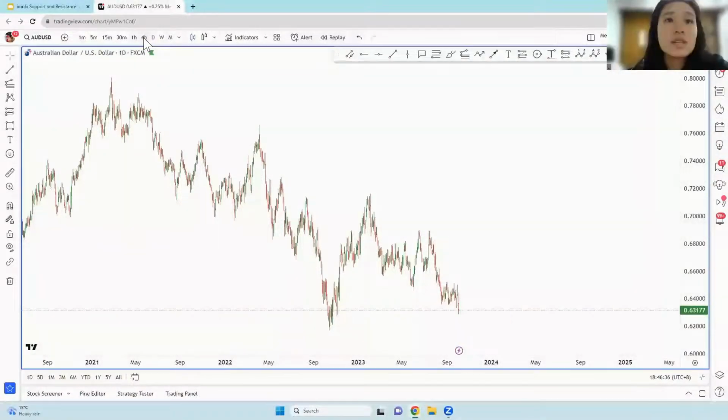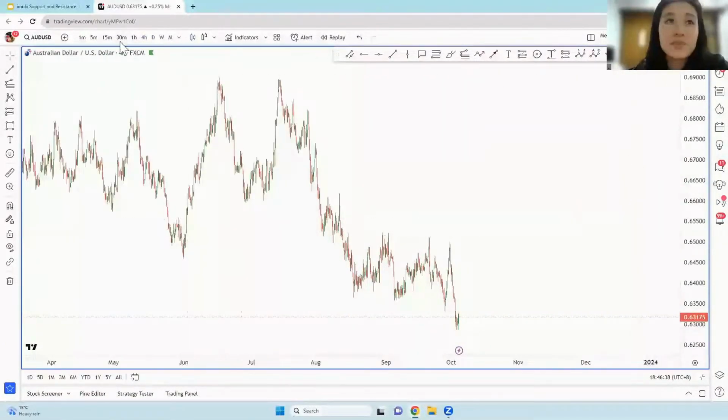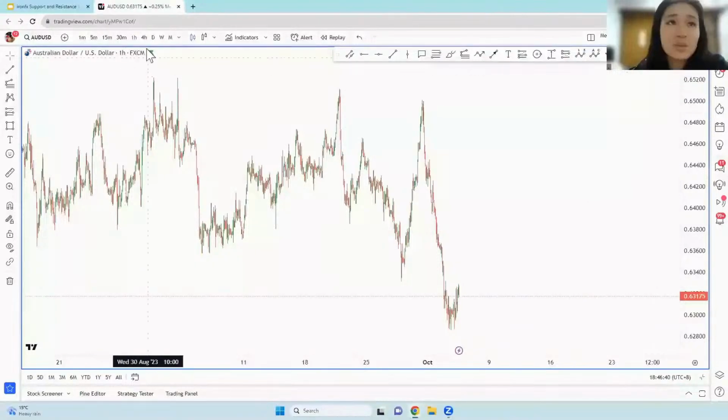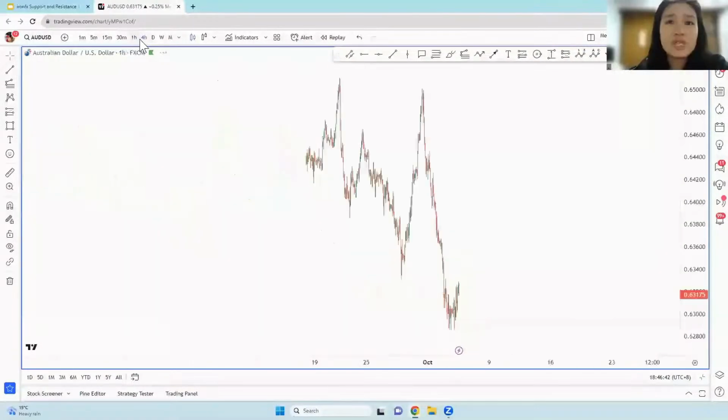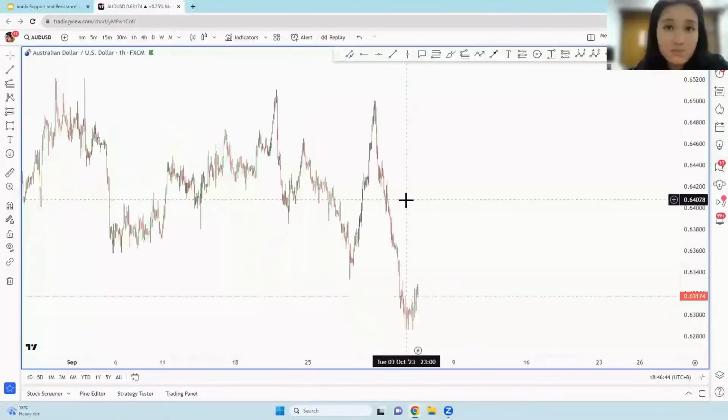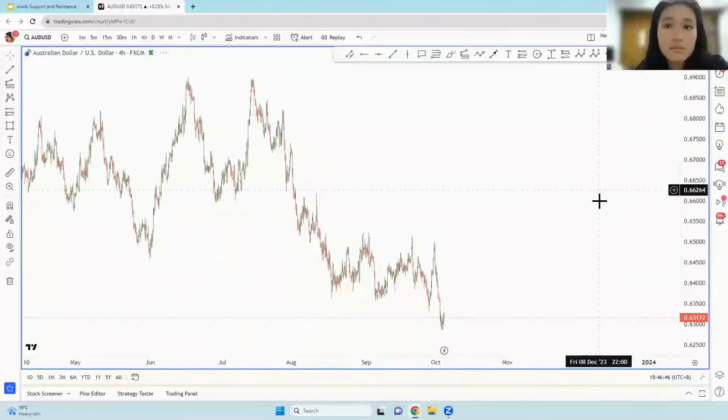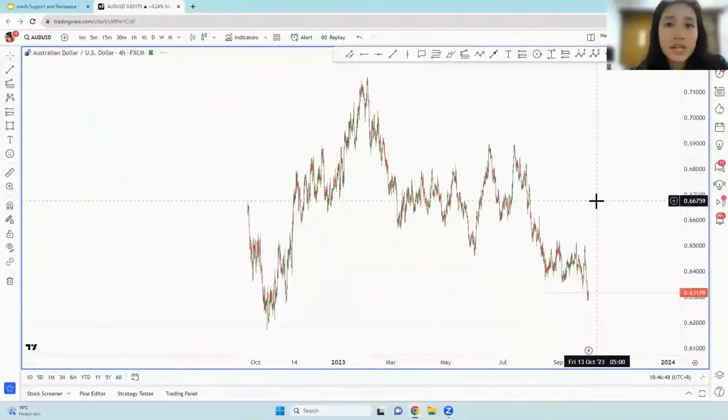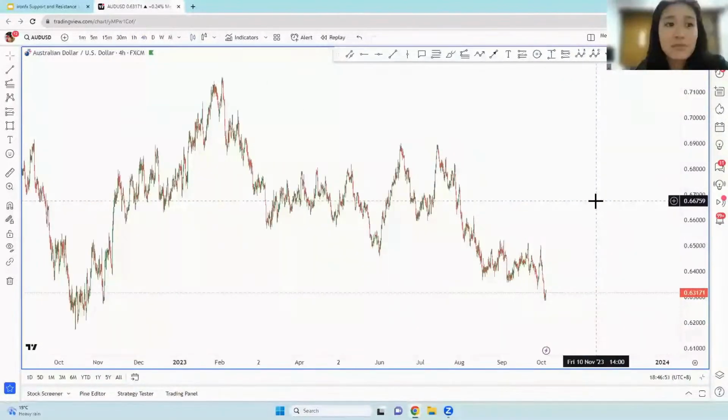Okay. Next on our 4 hour time frame. Once again, I'm deciding between 4 or 1 hour, but both of these charts seem to be pretty clear. Maybe I'll just go ahead and analyze this on a 4 hour time frame.